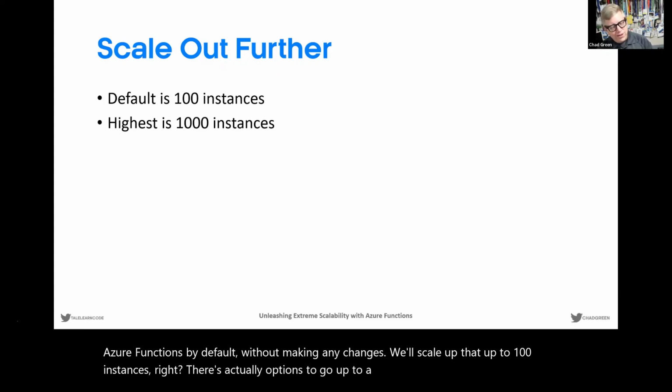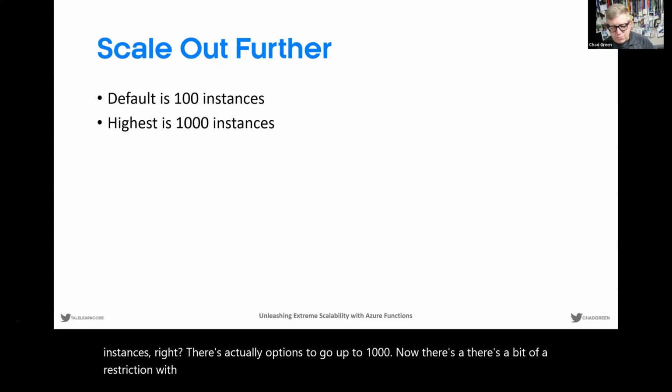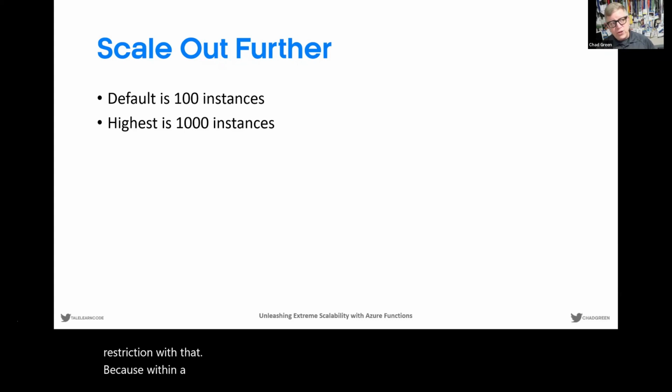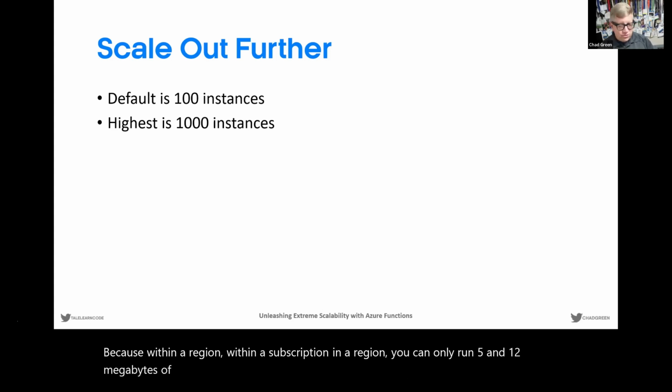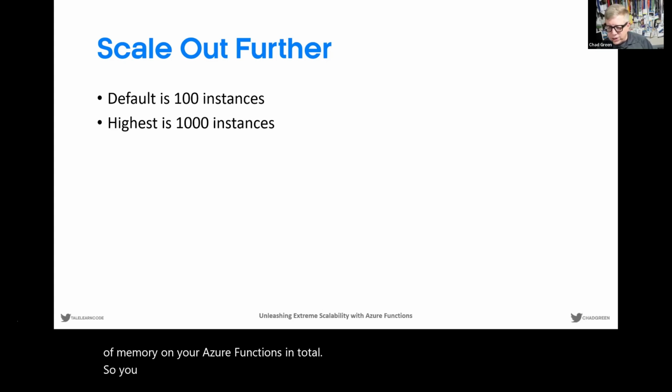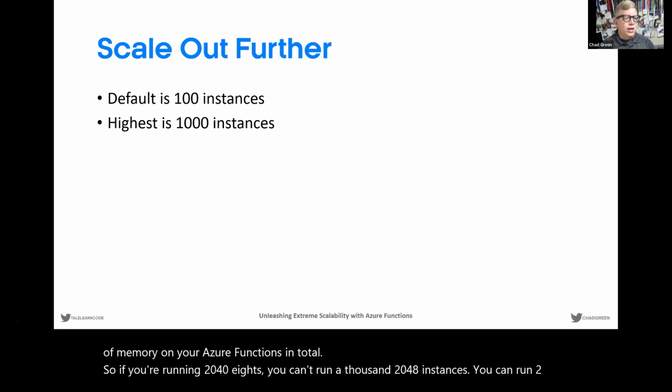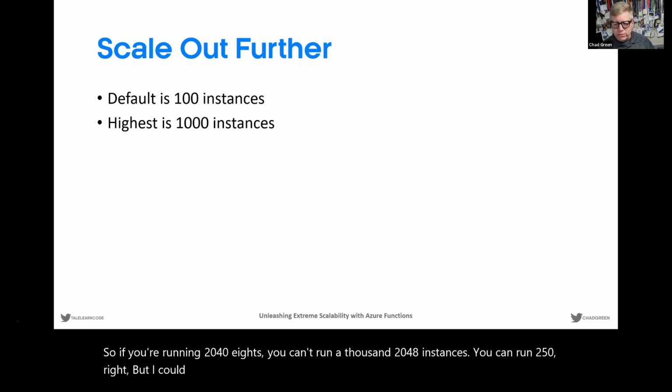Now, there's a bit of a restriction with that, because within a subscription and a region, you can only run 512 megabytes of memory on your Azure Functions in total. So if you're running 2048, you can't run 1,000 2048 instances. You can run 250. But I could run 1,000 512-megabyte instances.